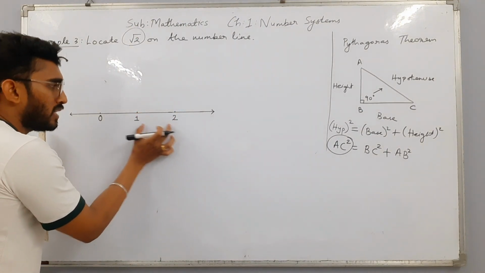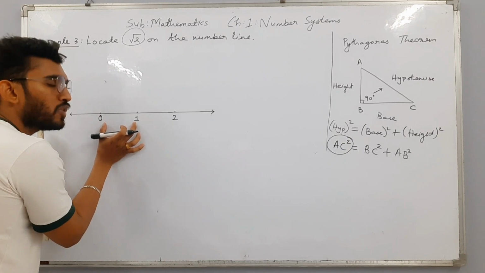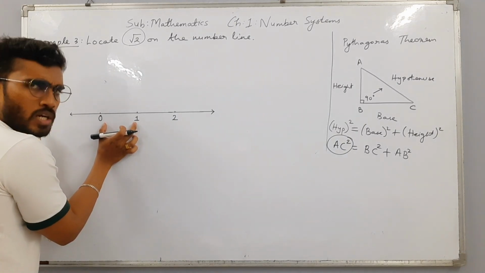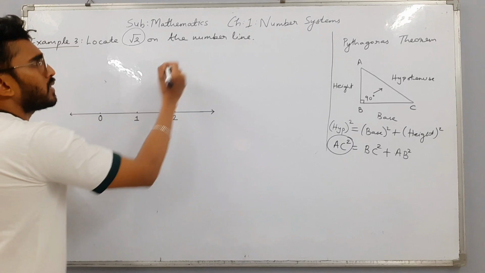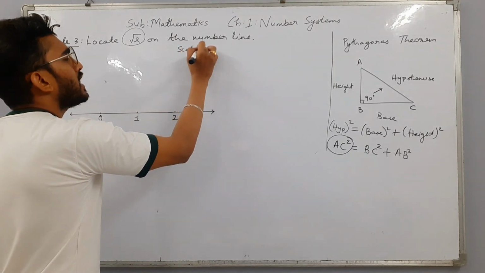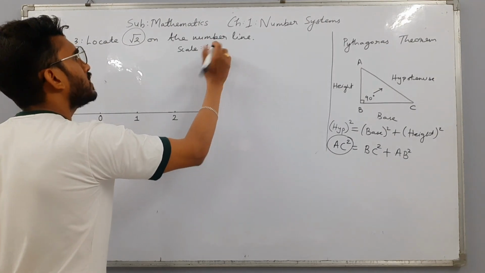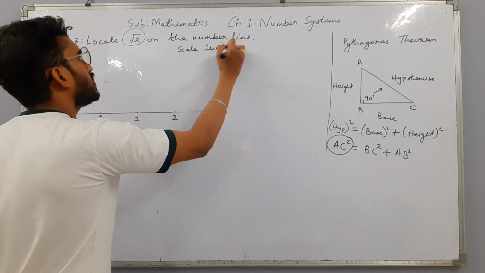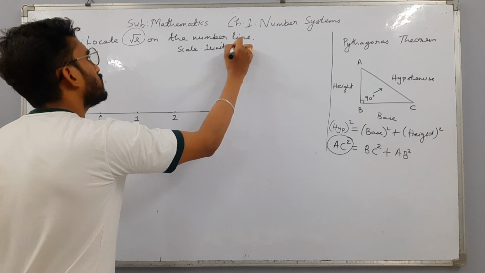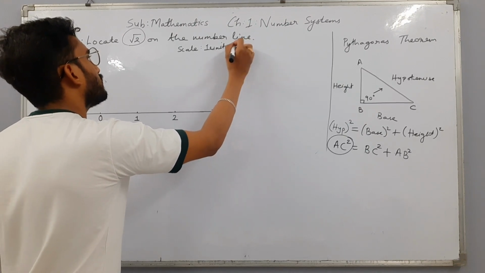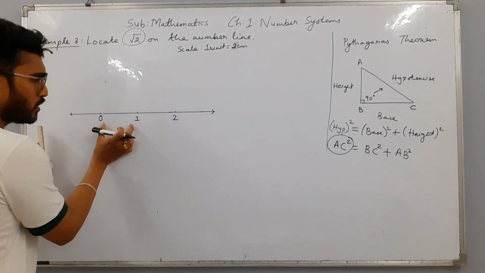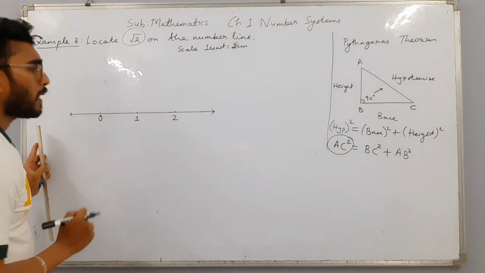It is up to you what distance you want to keep between two numbers, 2 centimeters, 3 centimeters, whatever. And I will mention here the scale we have taken: let's say 1 unit is equal to 2 centimeters. This is 2 centimeters. This is 2 centimeters. Okay.